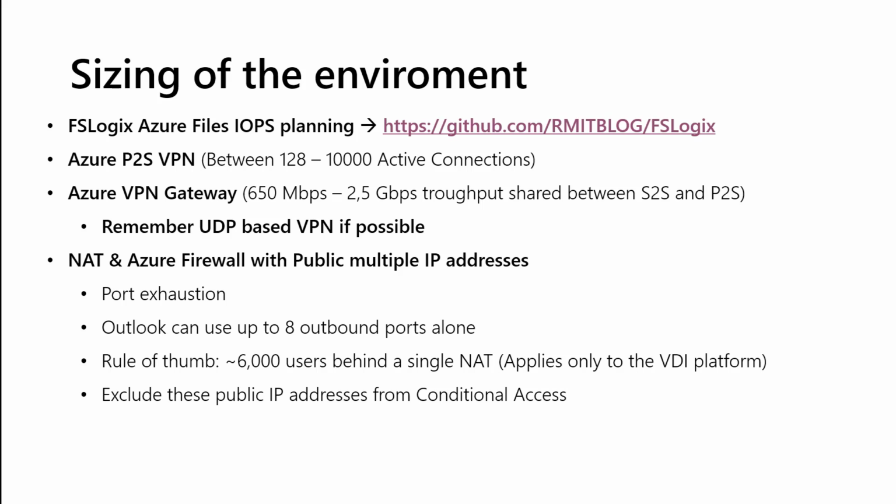So if you have a VDI platform which is running Microsoft 365 and also other applications which require outbound connectivity, then you need to make sure that you have enough public IP addresses which the VDI platform can use to connect outbound. If you are running a VDI platform alone, the rule of thumb is generally that you can have about 6,000 VDI sessions or 6,000 users running on a single public IP address. But if you have an Azure environment which consists of multiple different services which need outbound connectivity, make sure that you have more public IPs available.